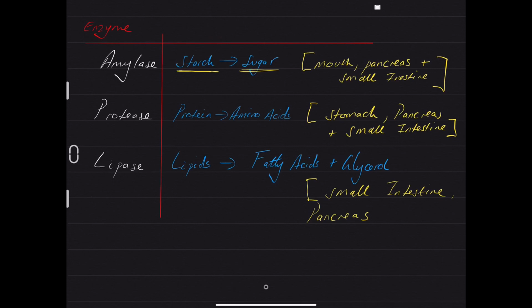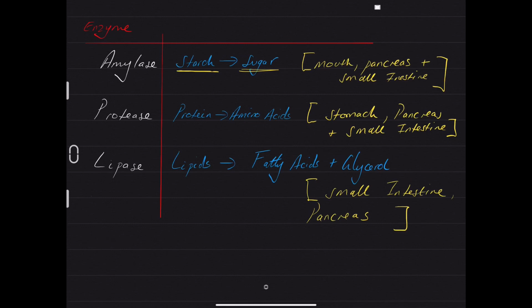So it's the small intestine and the pancreas where it is secreted from, and they are produced in the small intestine and the pancreas. Now, when I talked about amylase, I put down it is in the mouth, but just be aware, you have the salivary glands that are in the mouth that actually secrete the enzyme amylase.